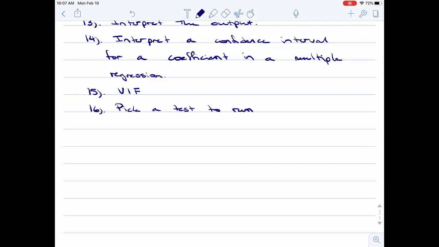What if I want to know if I can pull out some of these predictors, 2 out of the 4 predictors? Then I could run a nested F test. What if I want to test to see if a single coefficient or a single predictor is significant to the model? That would be the T test. And so just pick a test that satisfies what we're asking for here.